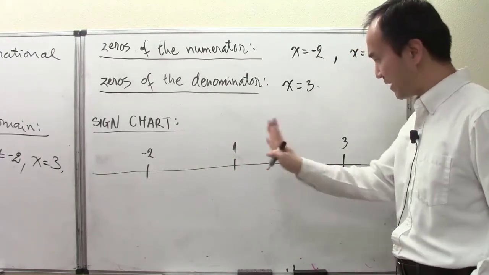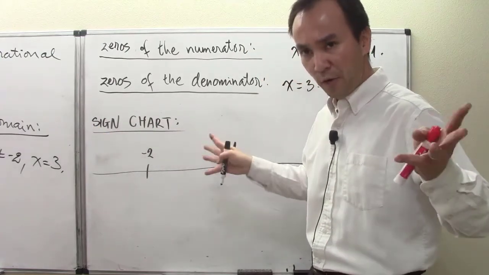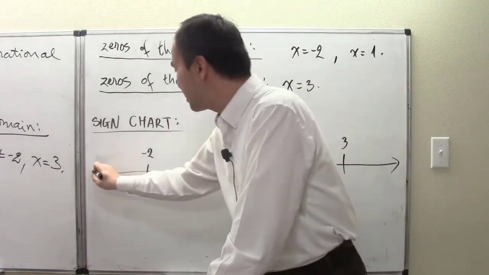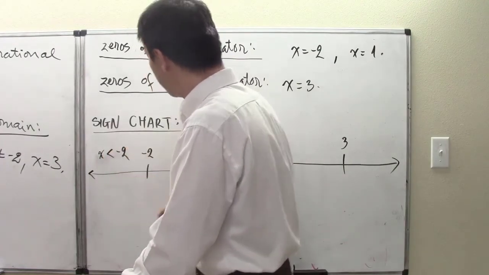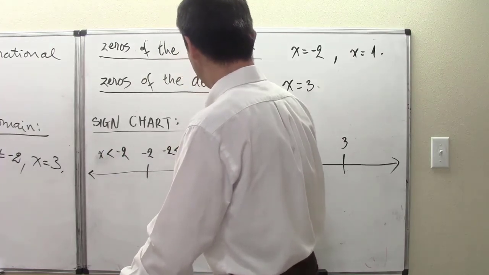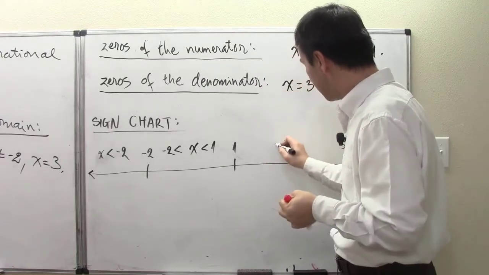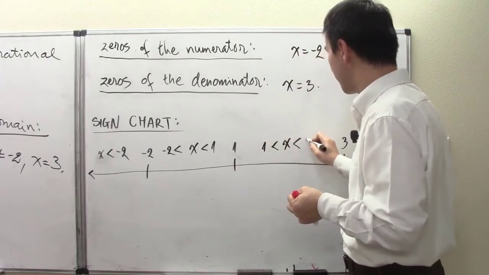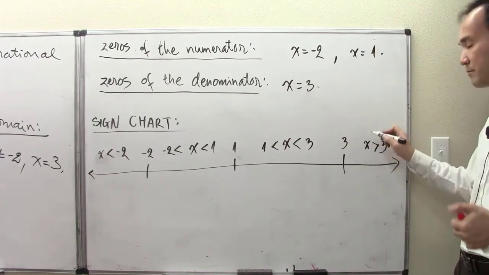These three values break the entire line of real numbers into four separate intervals. This interval here is for any x less than -2. This one is for x between -2 and 1. This one is for x between 1 and 3. And this interval is for x greater than 3.